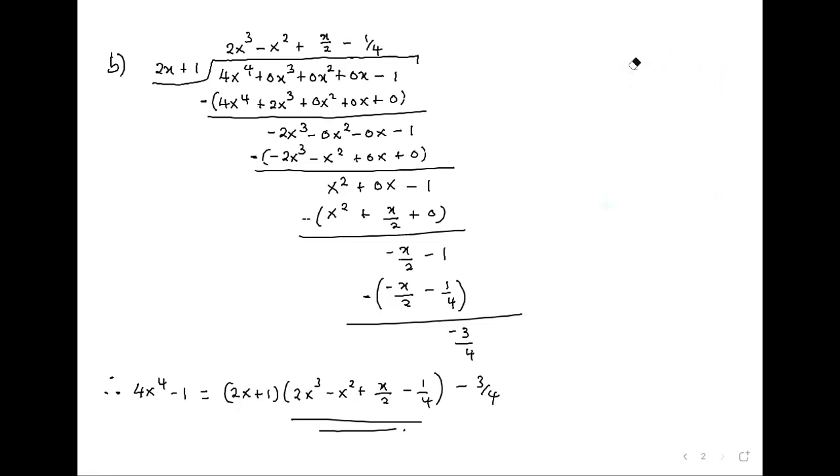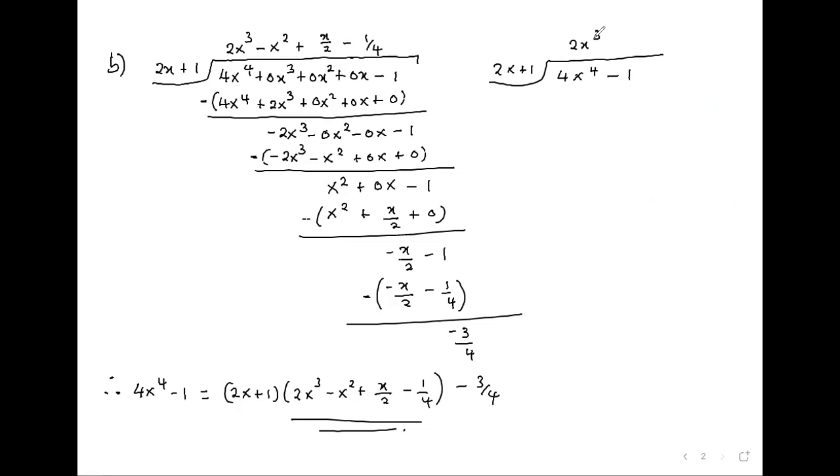You can just do it, as long as you're careful with the signs. You put 2x plus 1 and then 4x^4 minus 1. Then you start: 4x^4 divided by 2x, you get 2x^3.